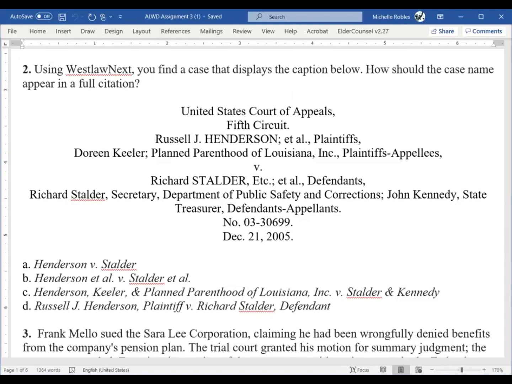Hopefully you remember in rule number 12 that you have to remove all other parties except for the first party on both sides of the versus. And then we use only the last name of the two parties.